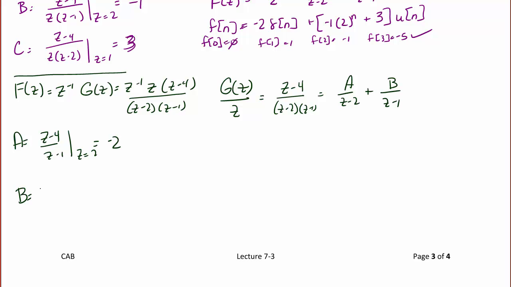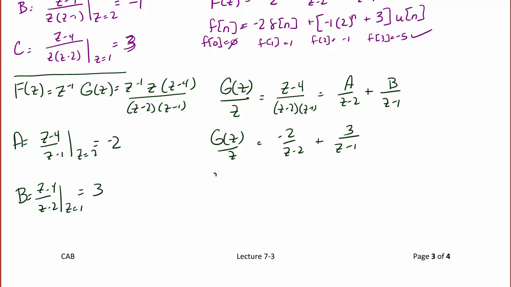B is equal to z minus 4 over z minus 2, evaluated at z equal 1. B is equal to 3. So g of z over z is equal to negative 2 over z minus 2 plus 3 over z minus 1. So g of z is equal to negative 2z over z minus 2 plus 3z over z minus 1.